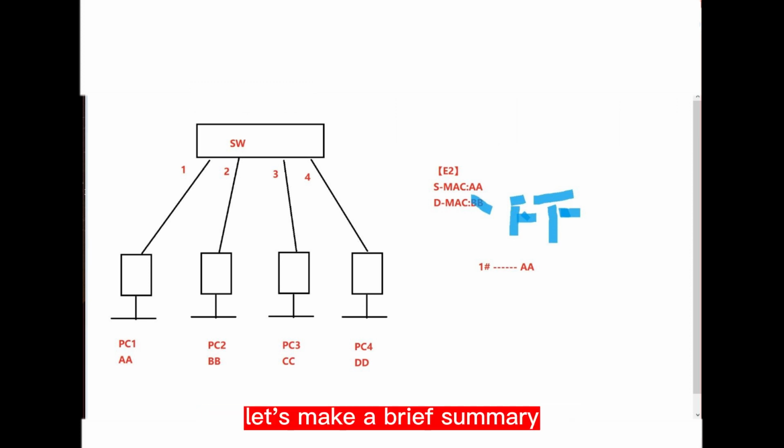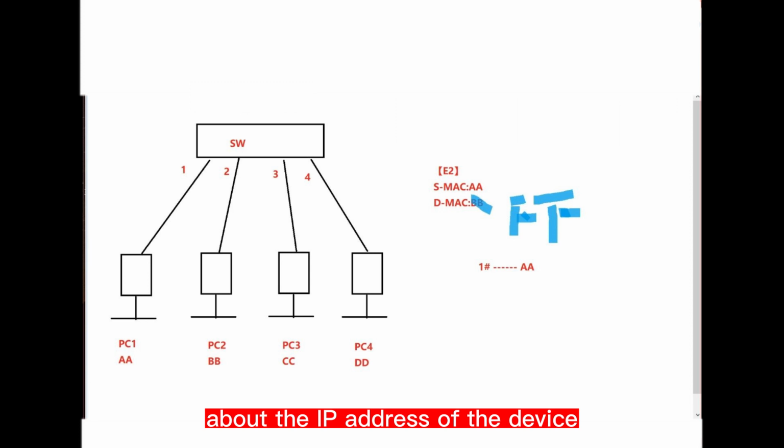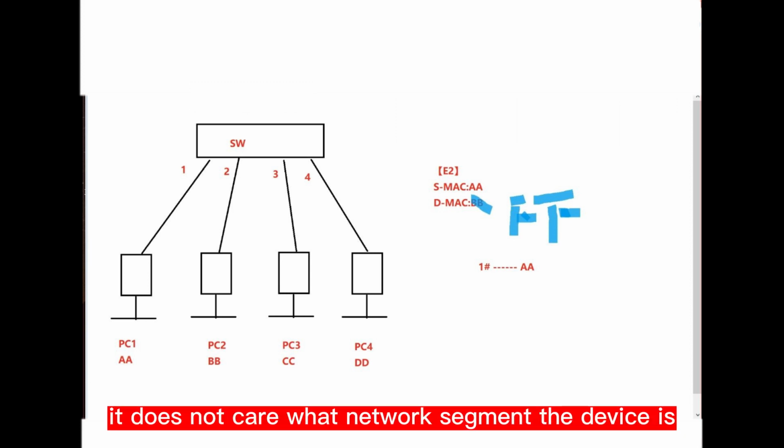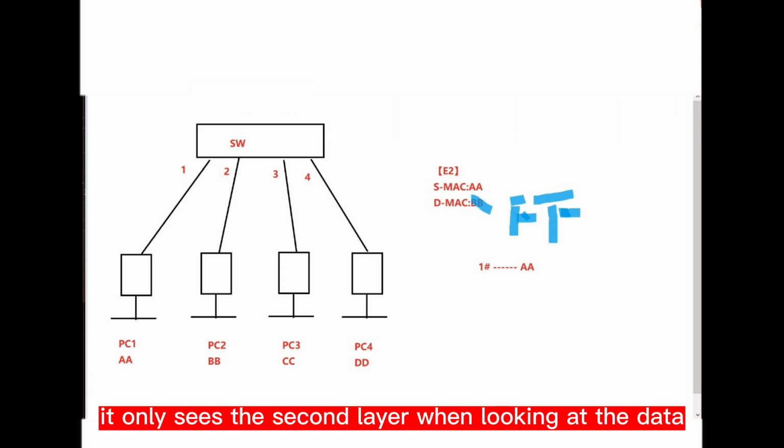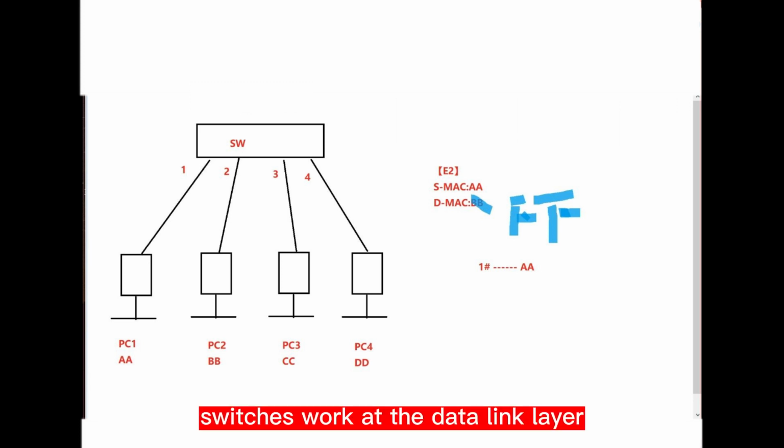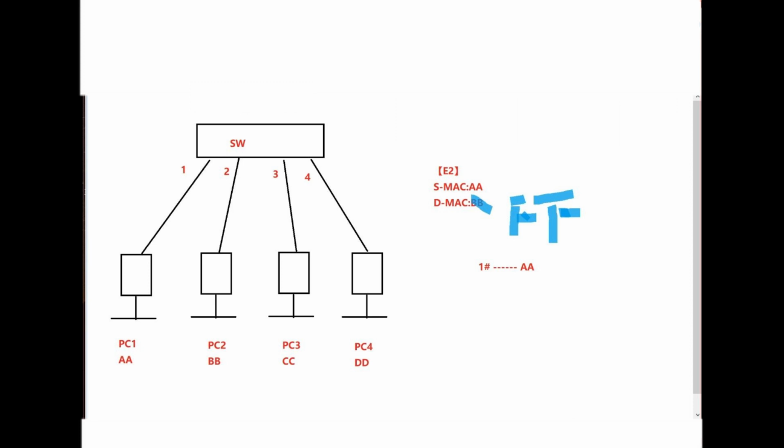Let's make a brief summary. For switches, it doesn't actually care about the IP address of the device, or what network segment the device is in. It only sees the second layer when looking at the data. Switches work at the data link layer, that is the second layer. Routers work at layer 3.